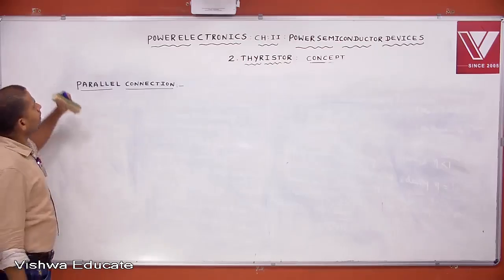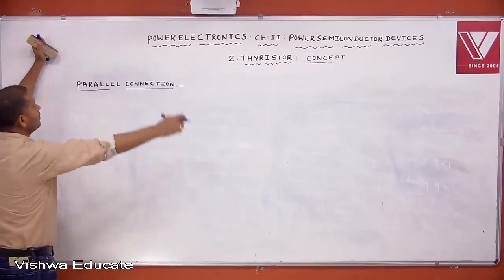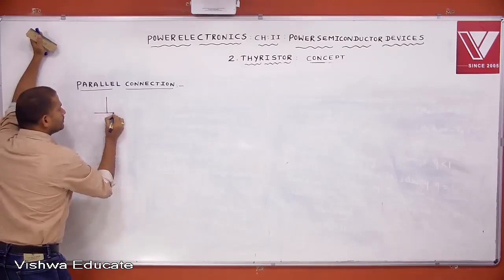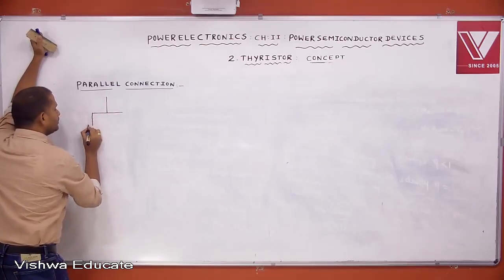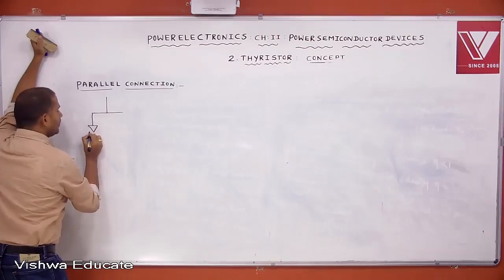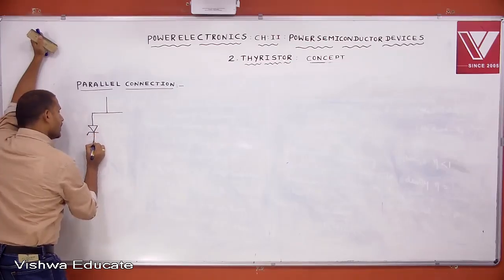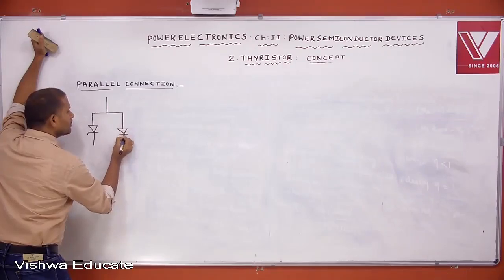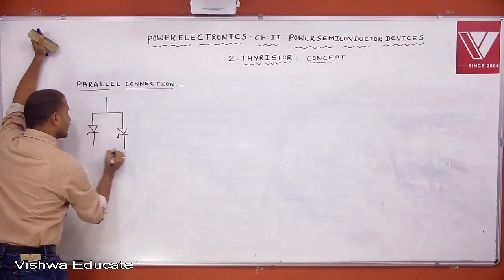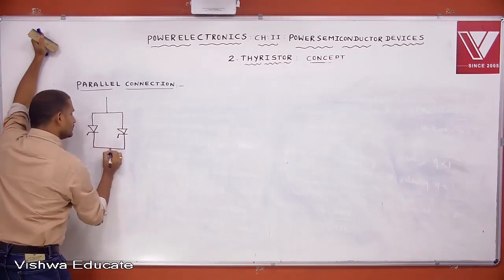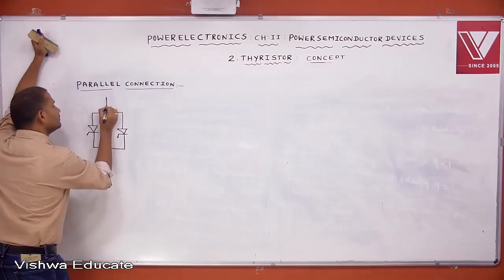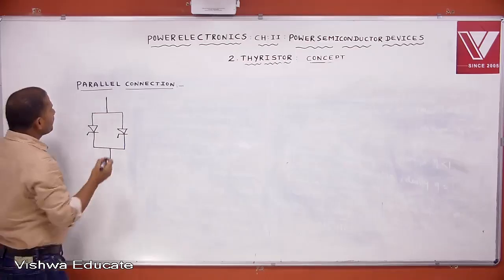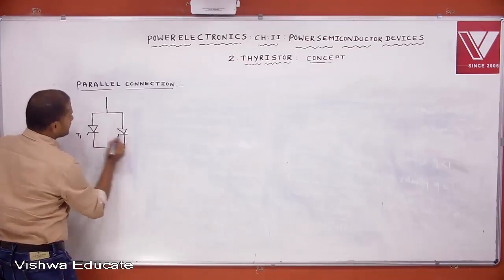Let us consider two thyristors connected in parallel. This is T1, this is T2.